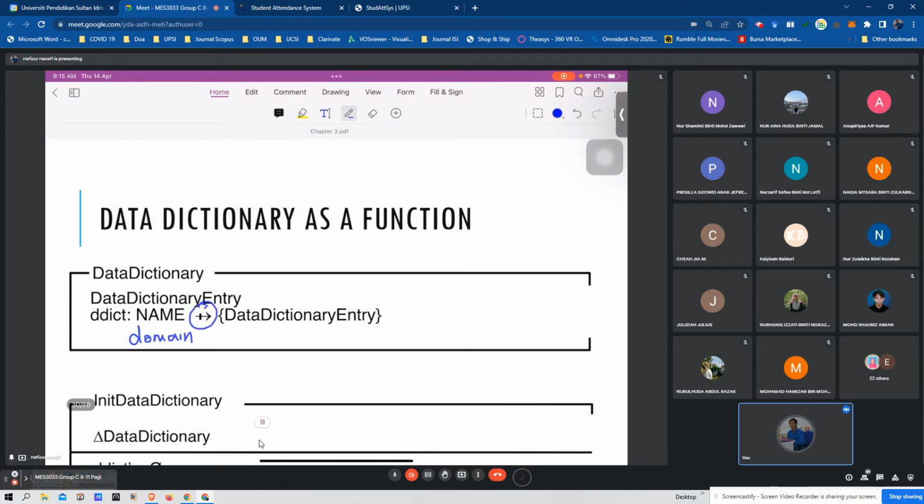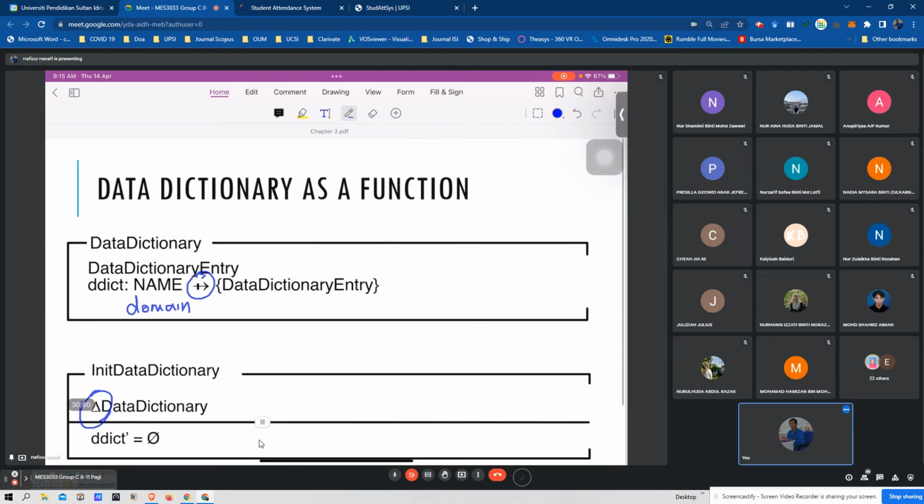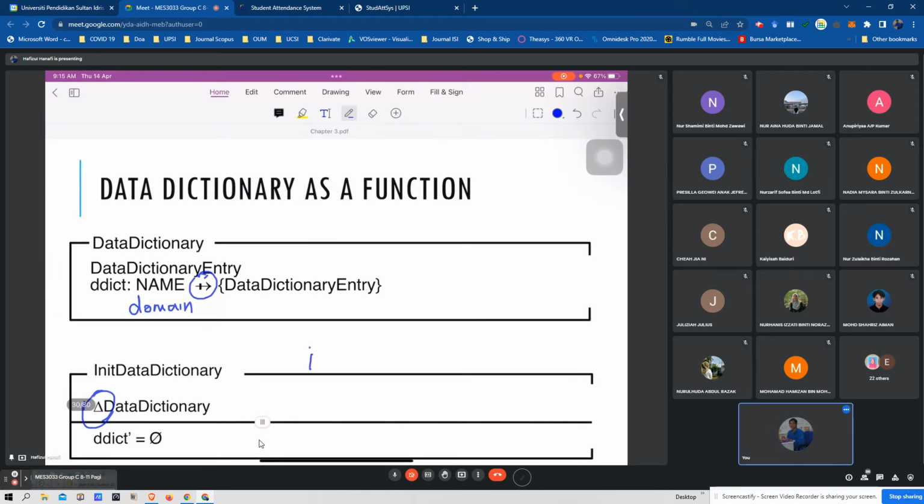Because the data dictionary does not have all of the names. So if you want to add, you use delta, and you add or initialize the data. This one: delta, and then the dictionary with a single quote mark is equal to the empty set. This one is for initialization.